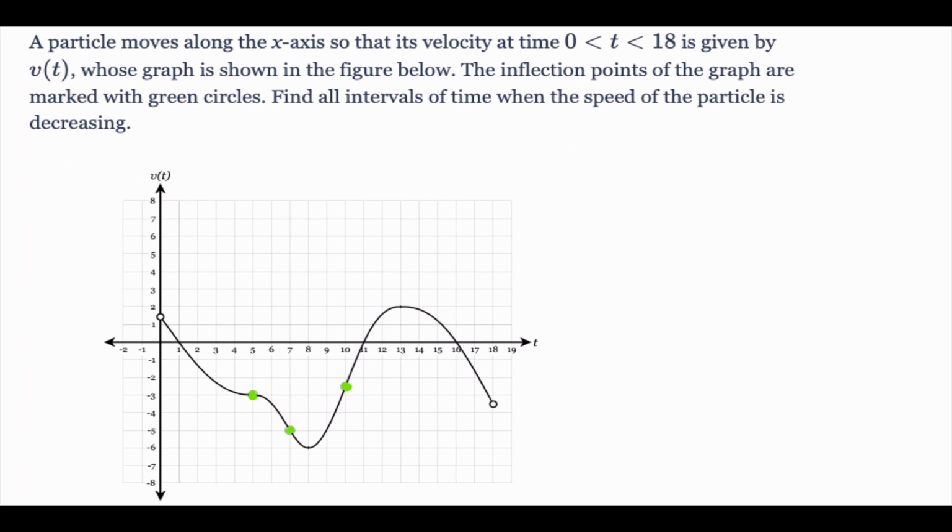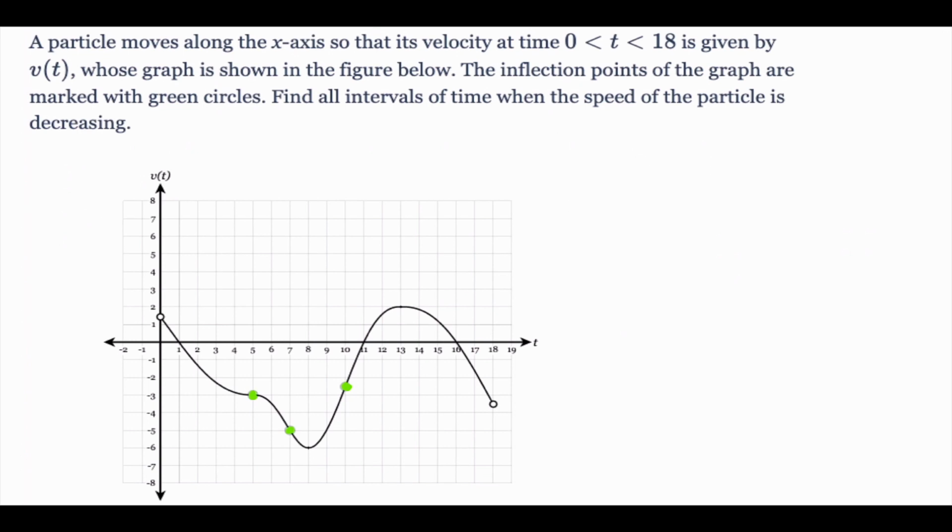A change in sign, and a change in something that starts with a C. Concave up, concave down, right? So before the green dot, it's concave up or concave down, and after the green dot, it changes.